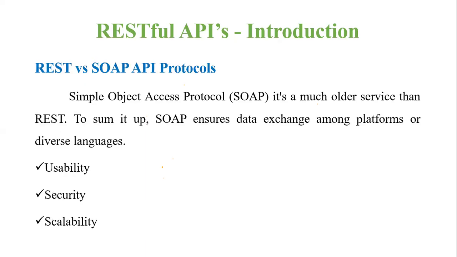Next, we'll have a small comparison of REST versus SOAP API protocols. Simple Object Access Protocol, SOAP, is a much older service than REST. To sum it up, SOAP ensures data exchange among platforms or diverse languages. Let's see how it compares to REST. First one is usability. REST is more straightforward and accessible than SOAP and requires less coding.